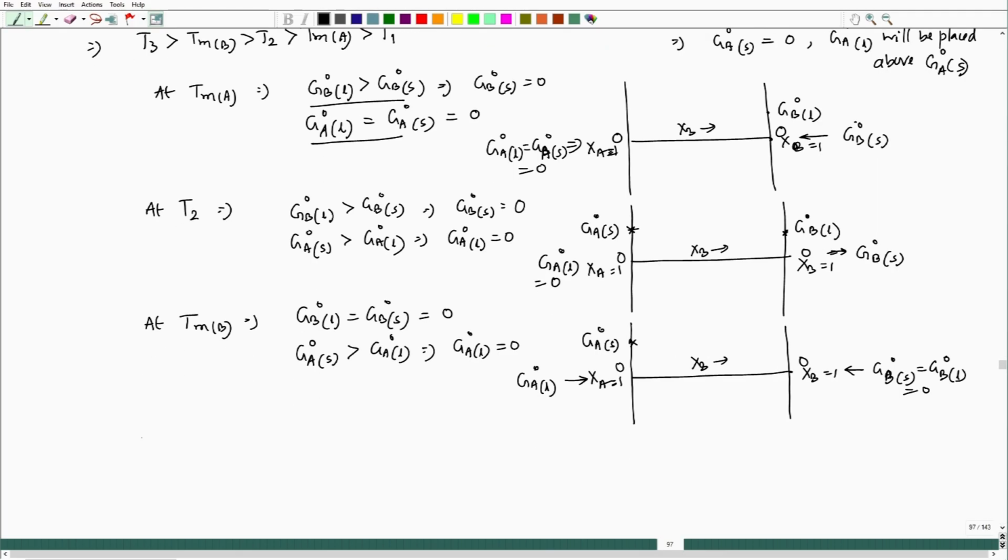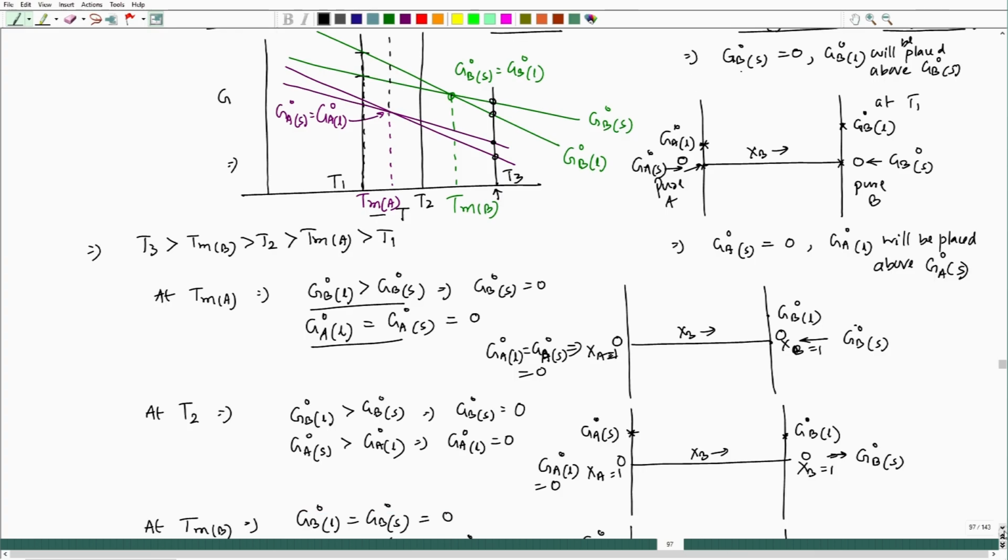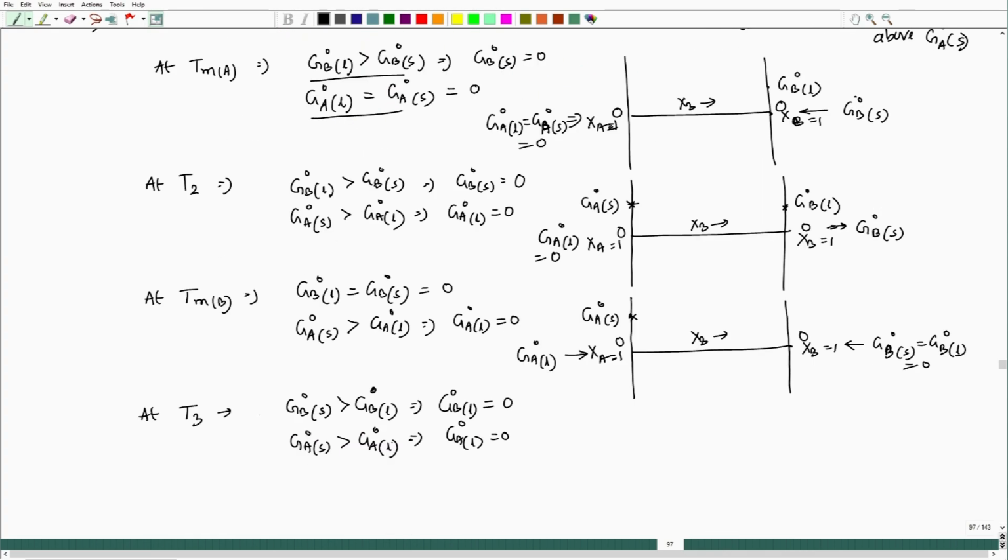Now, the last temperature, T3. If I look at the free energy hierarchy, GB naught solid is now greater than GB naught liquid. So, here GB naught liquid is to be taken as 0, and GA naught solid is still greater than GA naught liquid. So, GA naught liquid is to be taken as 0, because at temperature T3 all those values follow this hierarchy.